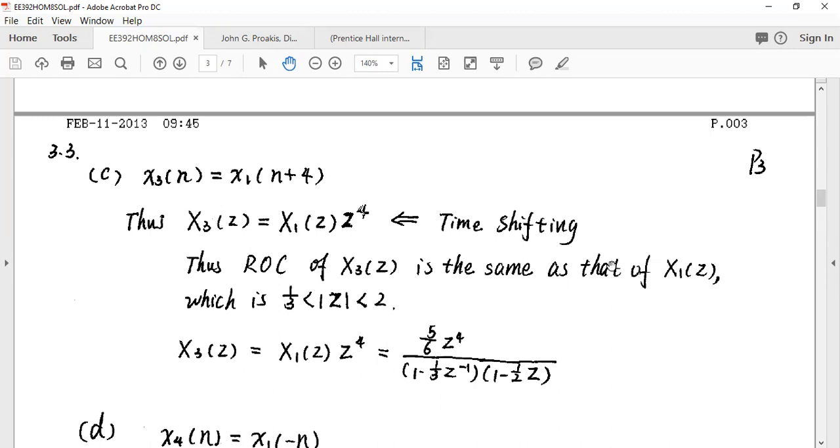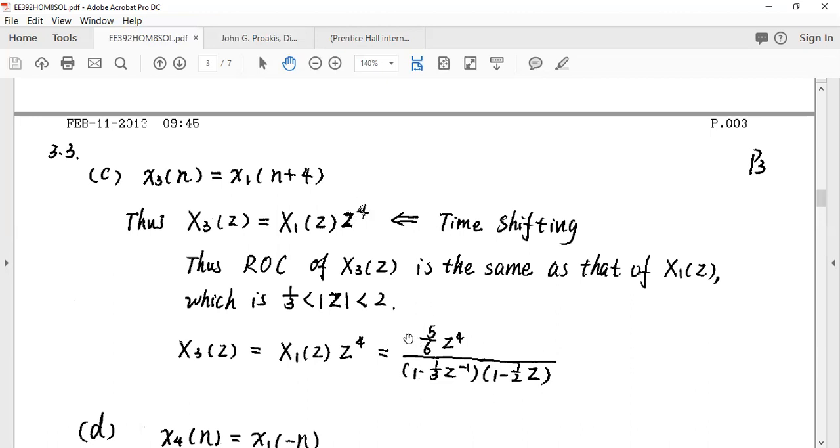So the region of convergence of x1 of z is given by 1/3 is less than the absolute value of z, which is less than 2. That becomes the region of convergence for x3 of z. So the overall equation for x3 of z will be just x1 of z directly multiplied by z to the power of 4.